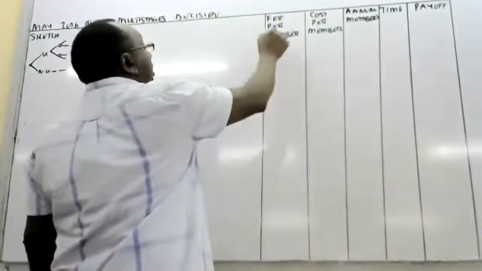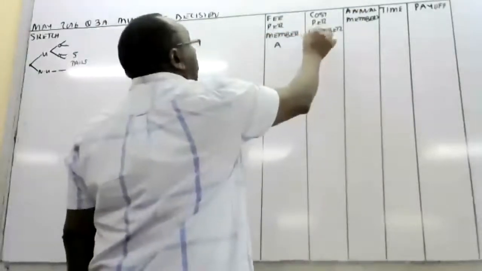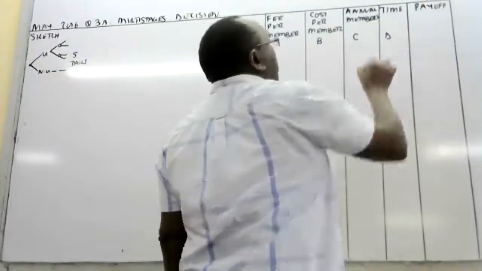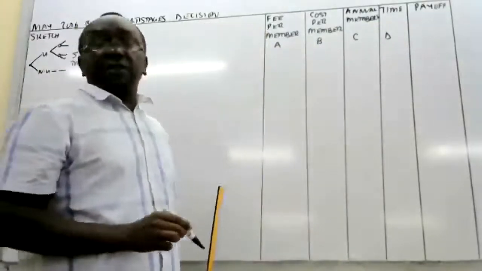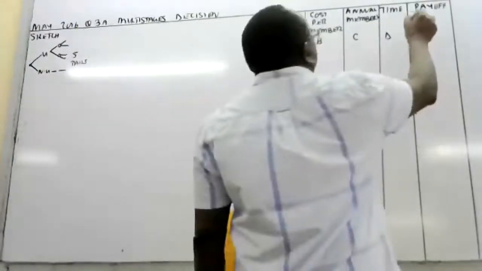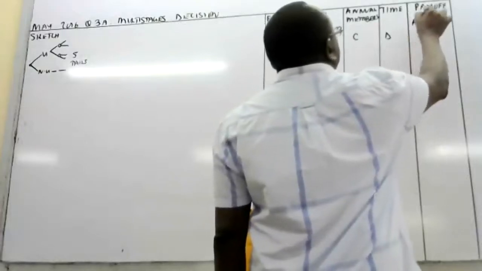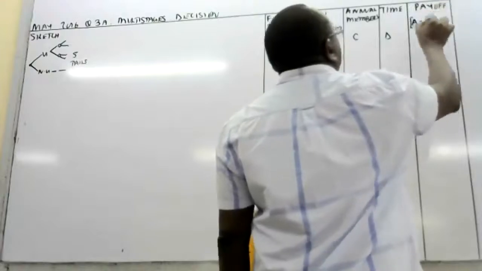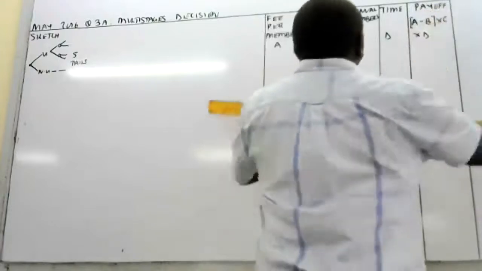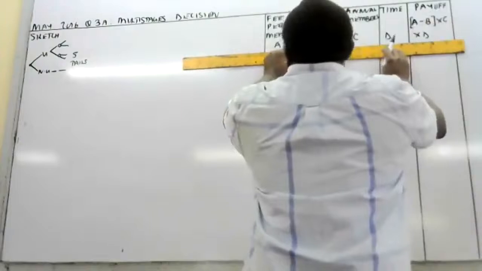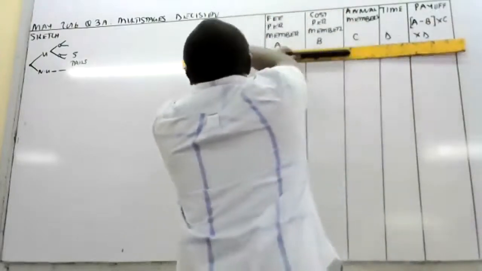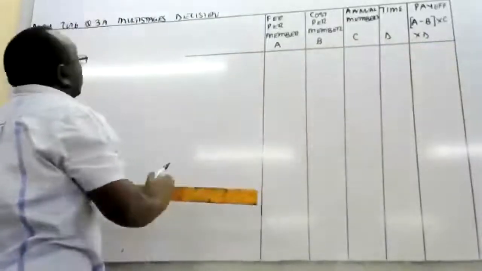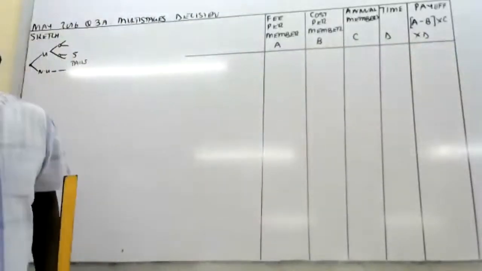So if this one I call it A, and this one I call it B, this one I call it C, and this one I call it D, then my profit will be A minus B, multiplied by C, multiplied by D. So that is how I'm going to get my profits.